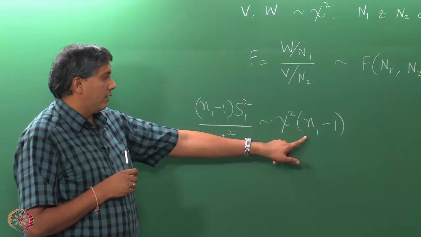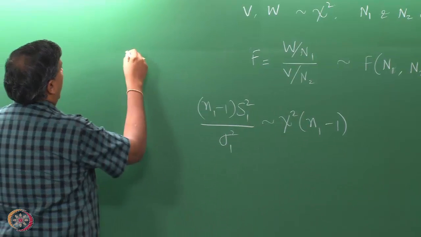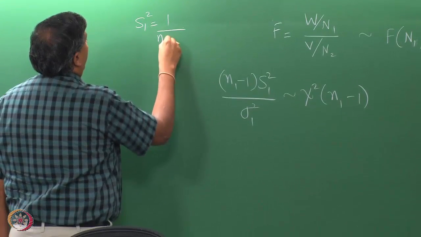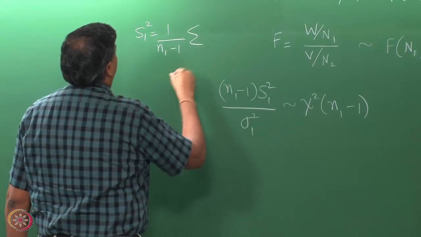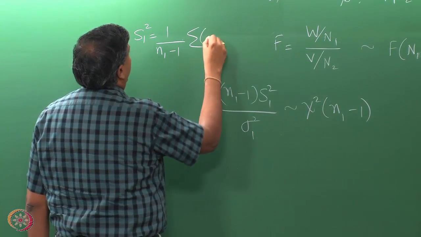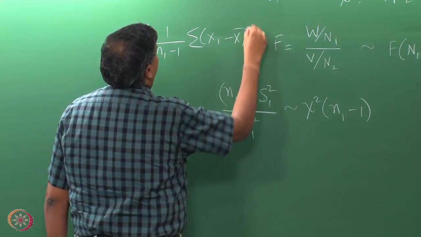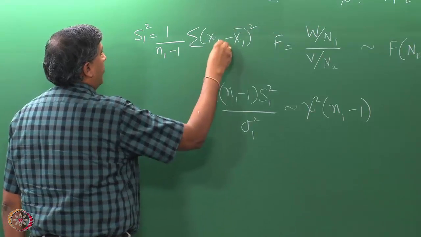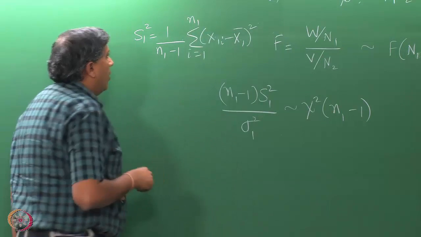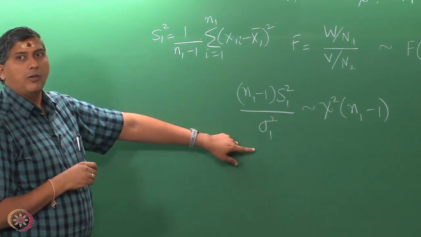All right. So, we know this already, that n1 minus 1 times S1 square over sigma 1 square has a chi-square distribution with n1 minus 1 degrees of freedom, where S1 square is our sample variance with the n1 minus 1 in the denominator or the divisor. It is an unbiased estimator of the variance of x1, which is sigma 1 square.